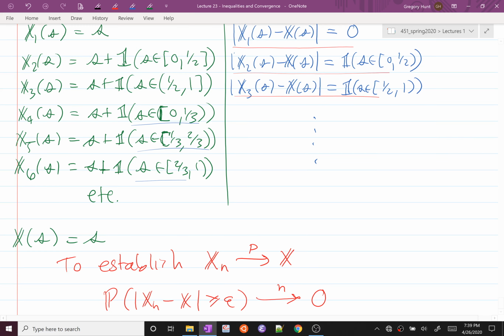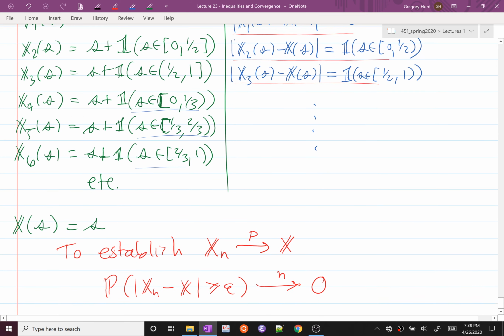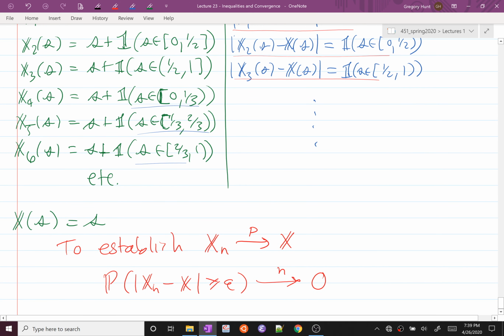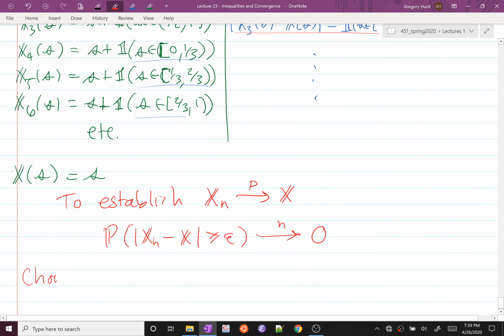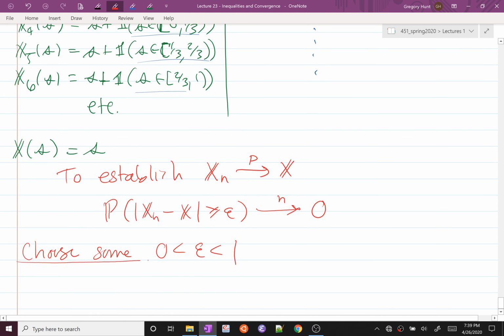So let's think about this. We're going to choose some epsilon between 0 and 1. If epsilon is bigger than 1, then it's always going to be 0. So I'll let you think about that case. It's a trivial case. The hard case is when epsilon is between 0 and 1.